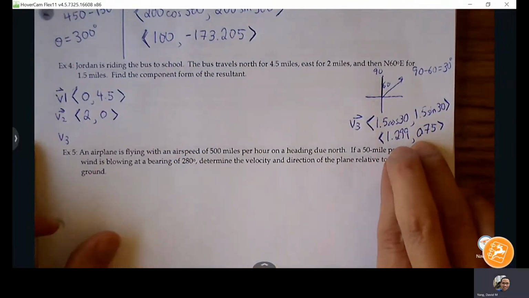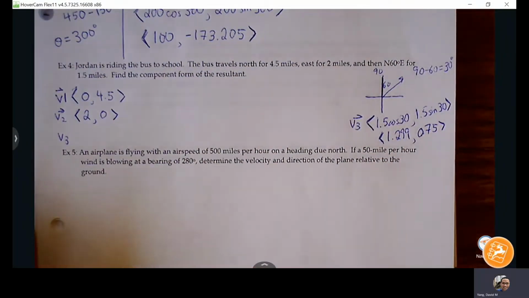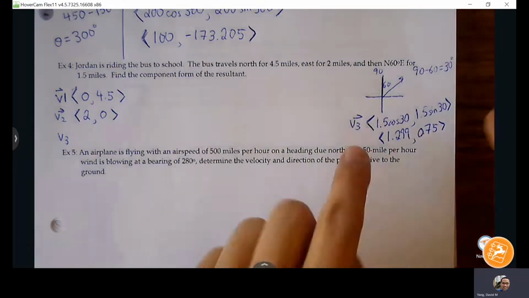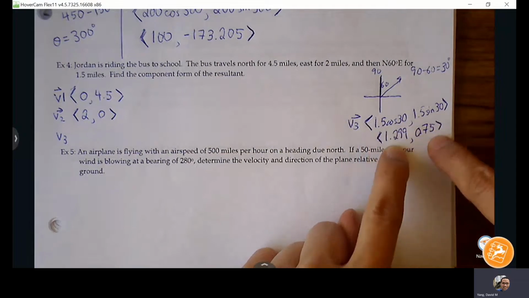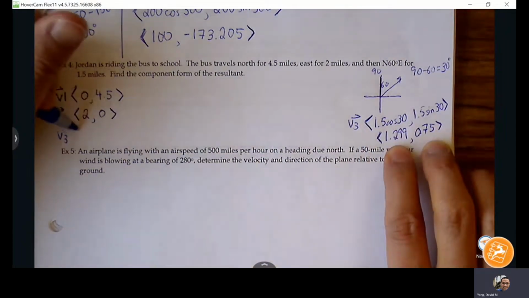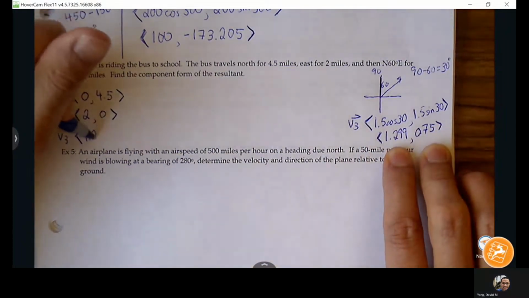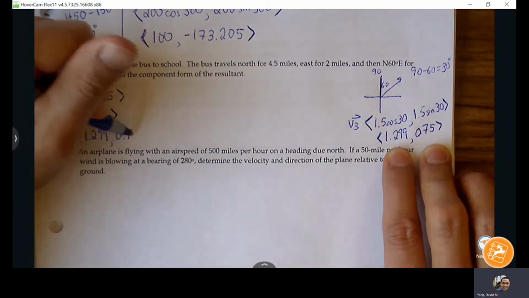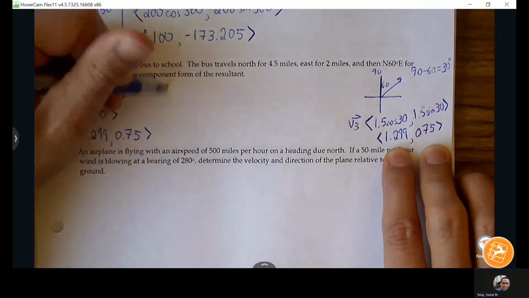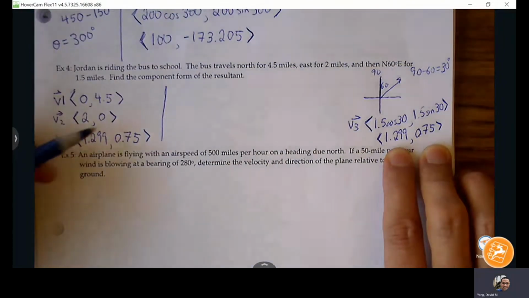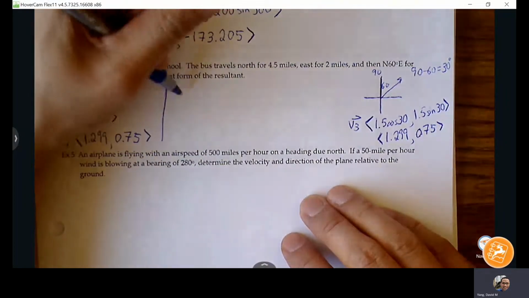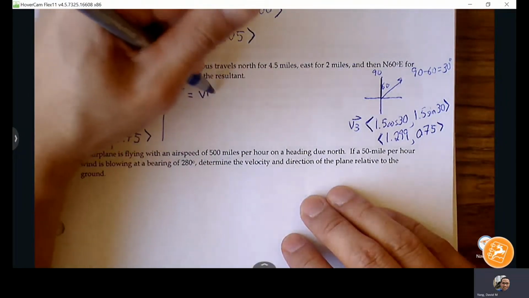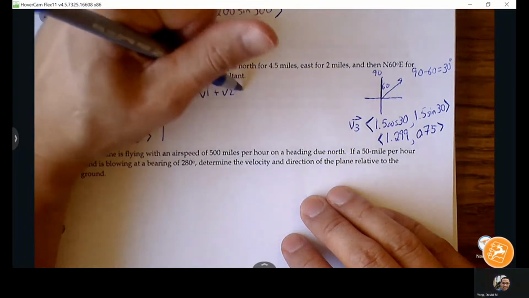So it took a little bit more work because it wasn't a nice, easy, straight up and down, left and right. We had to get this diagonal vector into its horizontal and vertical parts. But now that we have our vector 3, we can find the resultant vector just by adding all the pieces together. So all the x's get added together, all the y's get added together. My resultant vector is just going to be vector 1 plus vector 2 plus vector 3.